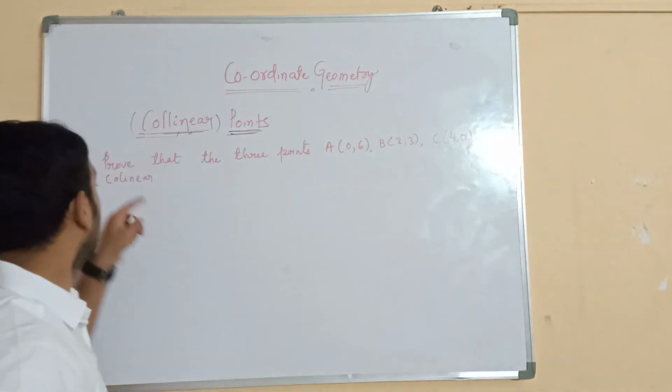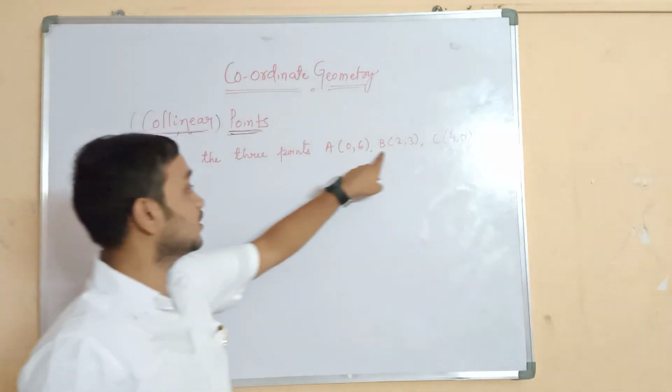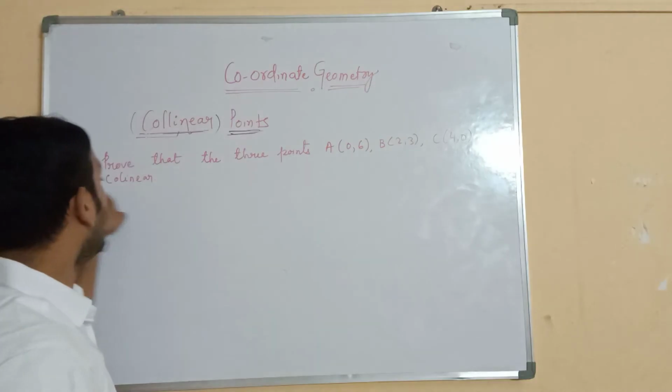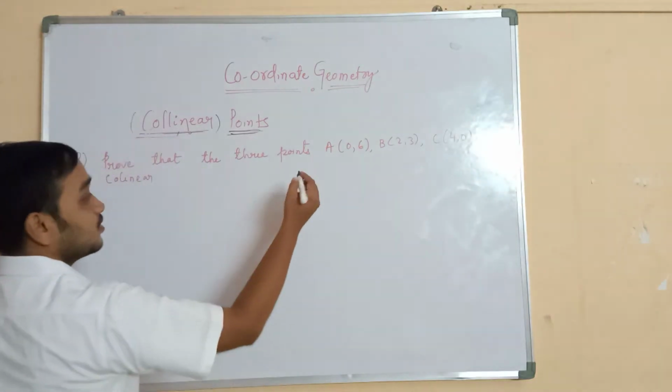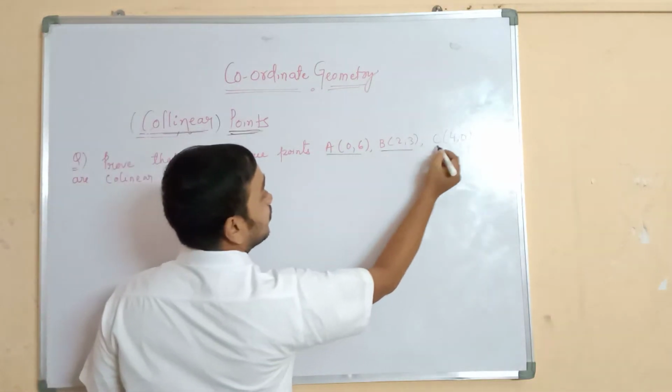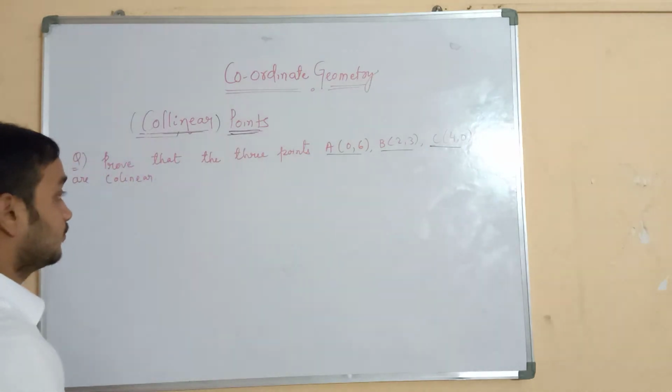Read the question. Prove that the 3 points A, B, C are collinear.